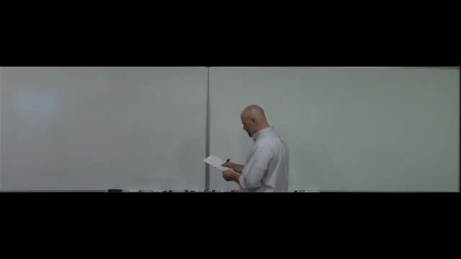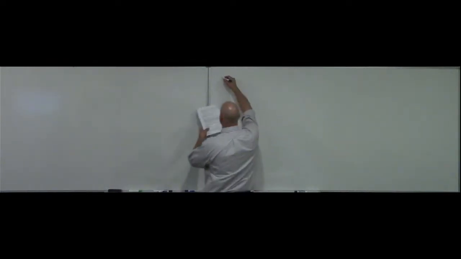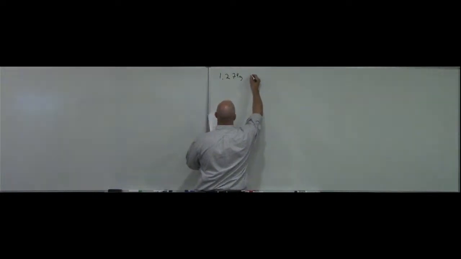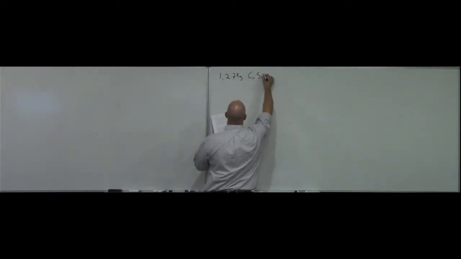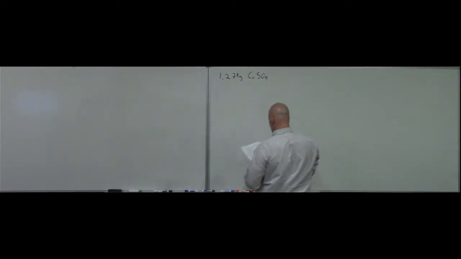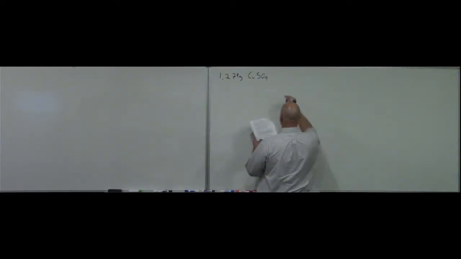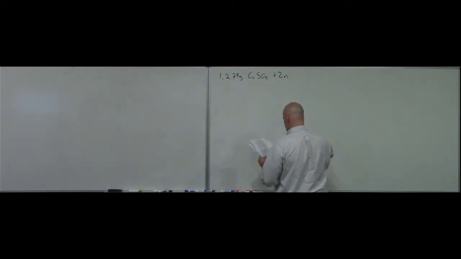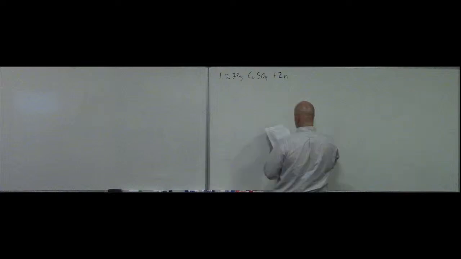Upon reaction of 1.274 grams of copper sulfate, CuSO4, with excess zinc metal, you get 0.392 grams of copper metal.